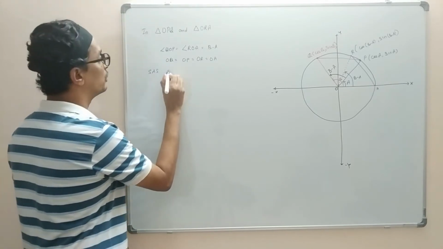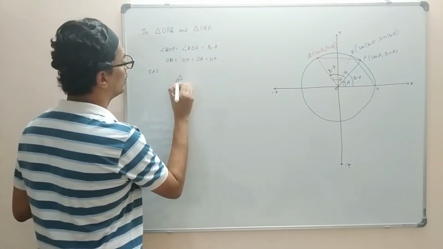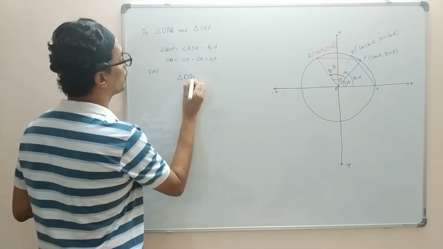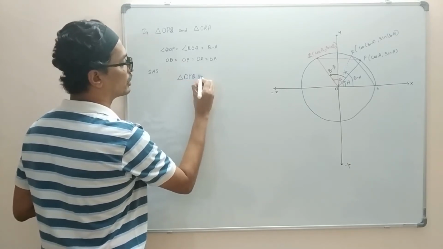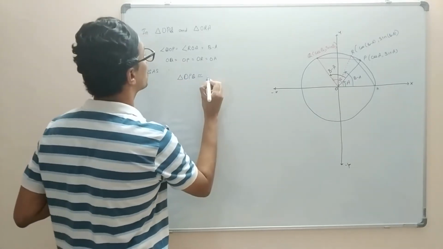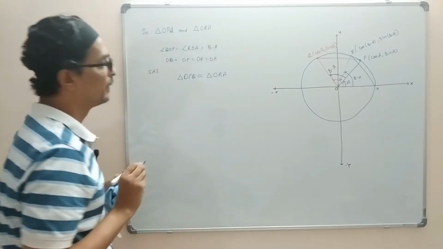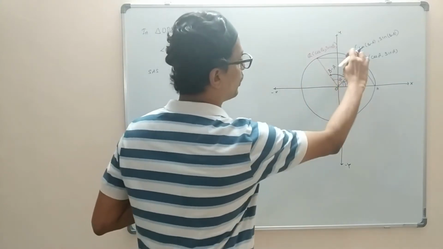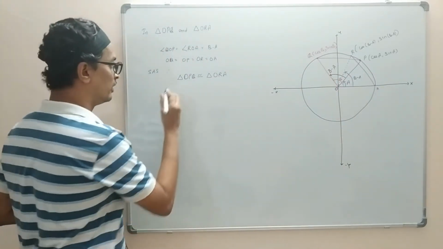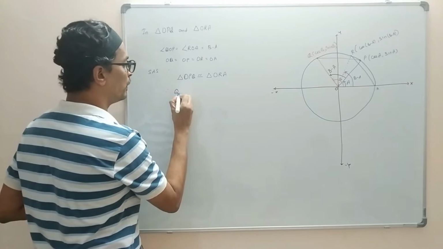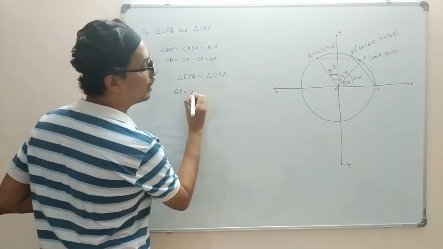Therefore triangle OPQ is congruent to triangle ORA. Therefore QP will be equal to RA.